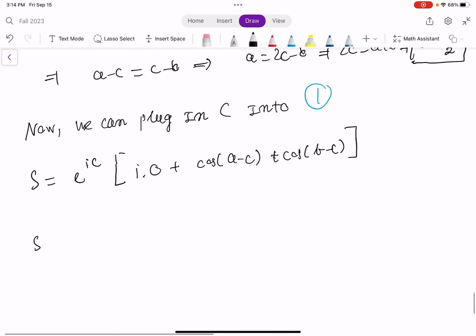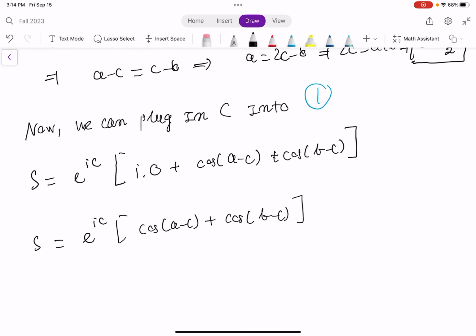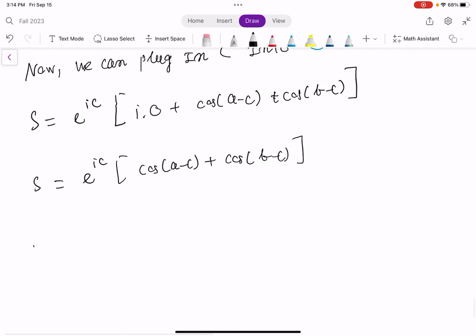So the sum is just e to the power ic times cosine(a minus c) plus cosine(b minus c). Let's go ahead and replace c, recalling c is just a over 2 plus b over 2, or (a plus b) over 2, whatever works for you.